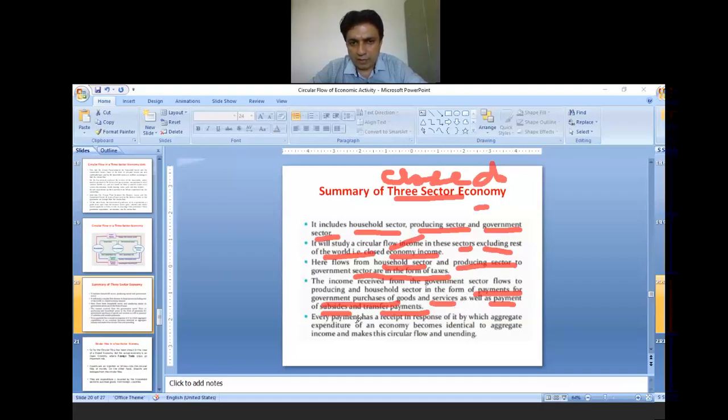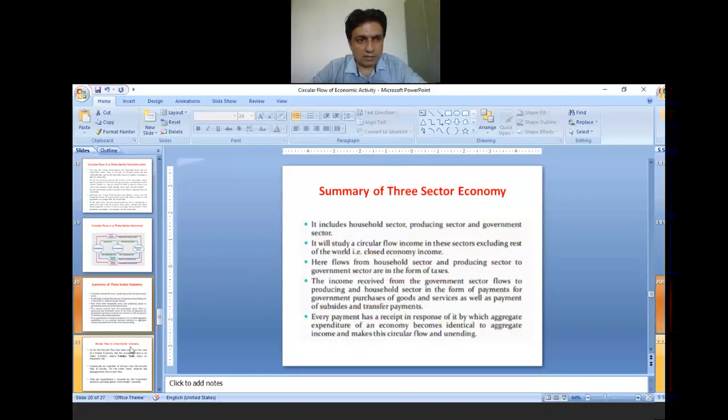So every payment has a receipt in response to it, by which aggregate expenditure of an economy becomes identical to aggregate income and makes the circular flow unending. Aggregation means we need to sum up all the expenditures and all the money to get the aggregate money. The last slide is there.